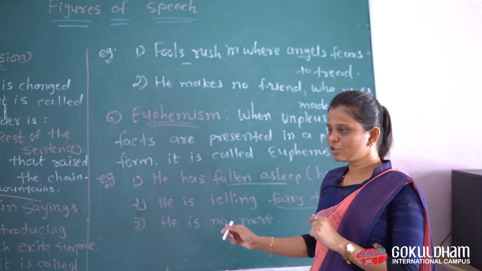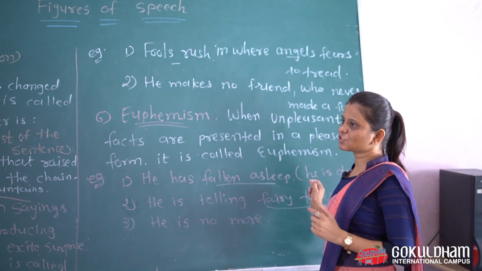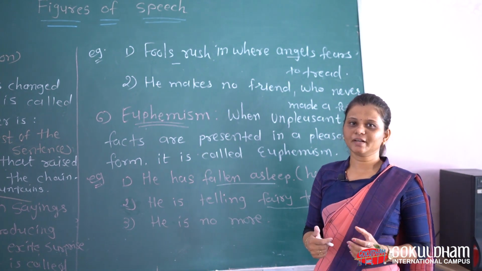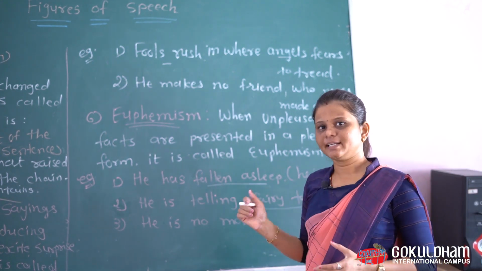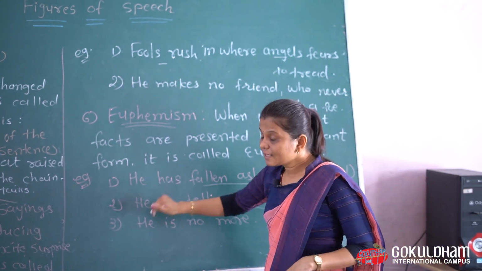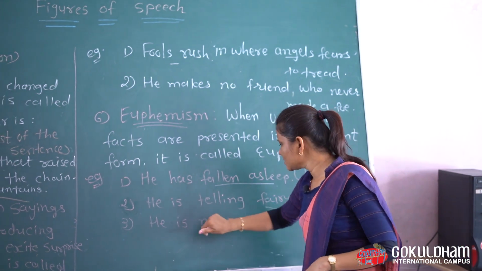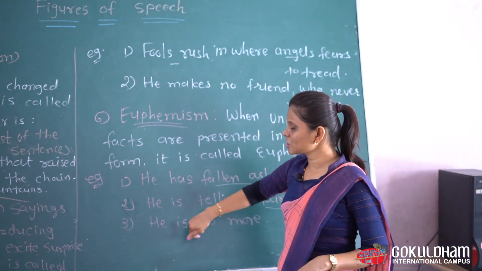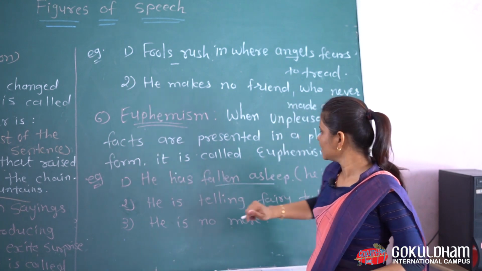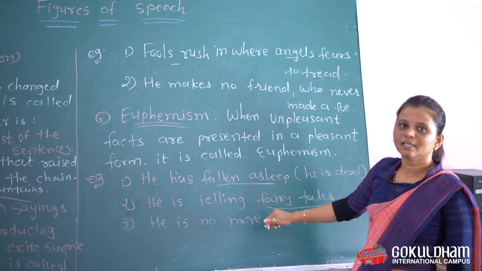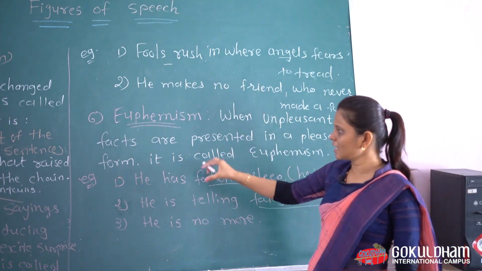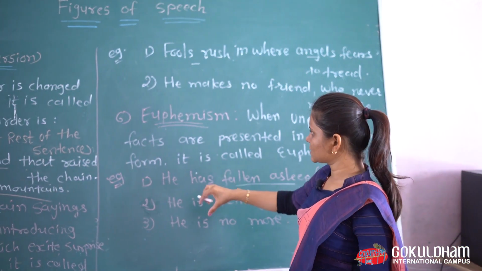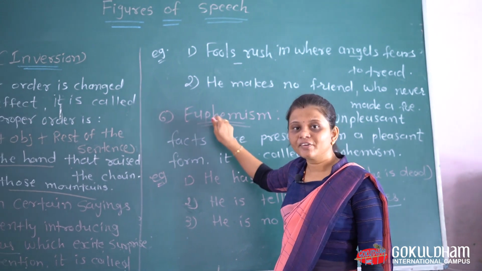But here they use fairy tale, which shows it in a good or pleasant way, with the fact inside it but in a pleasant way. The next example, he is no more. So this sentence also shows, like the first, he is dead. This kind of example you can source by using this figure.